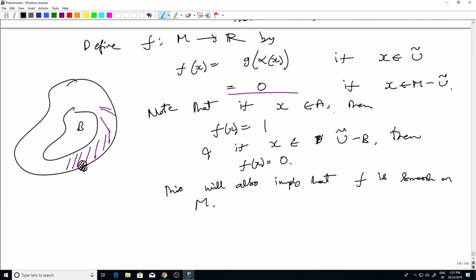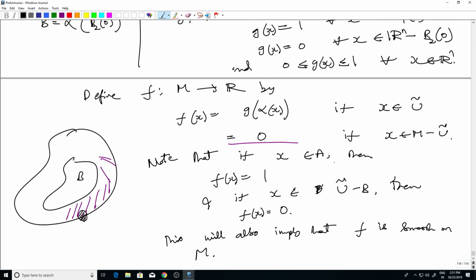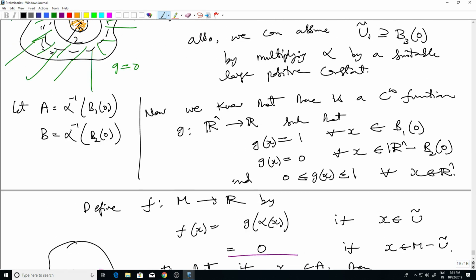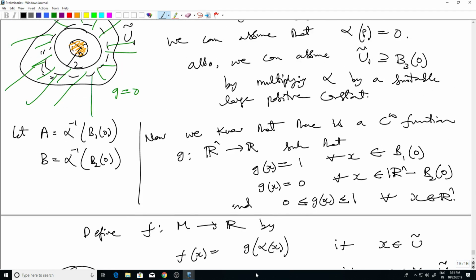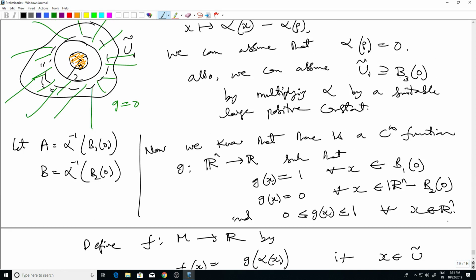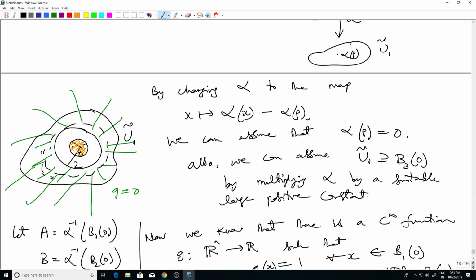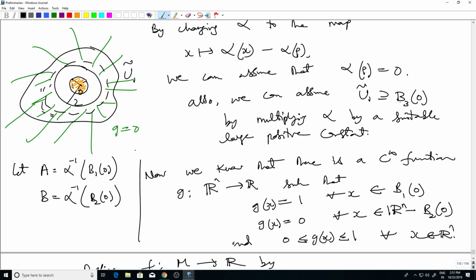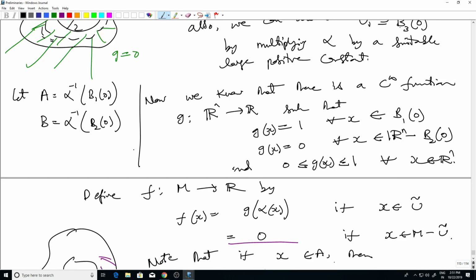Well, since it's identically 1 on A, and the point P certainly belongs to this A, because the way we set up things, P corresponds to the origin in Rn, which belongs to the ball of radius 2, certainly the ball of radius 1.